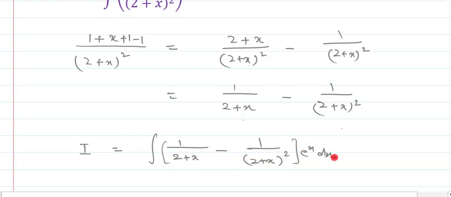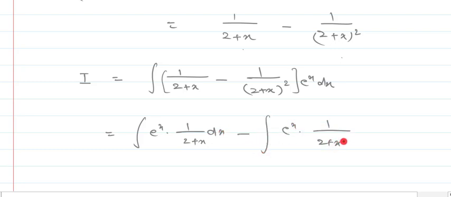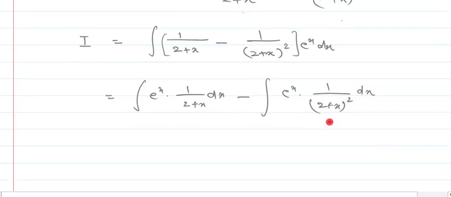into e power x. So now proceeding in the same way, we are having e power x into 1 upon (2 plus x) dx as one part, and second part is e power x into 1 upon (2 plus x) whole square dx. Now as 1 upon (2 plus x) whole square is the differentiation of 1 upon (2 plus x), clearly this is f(x).